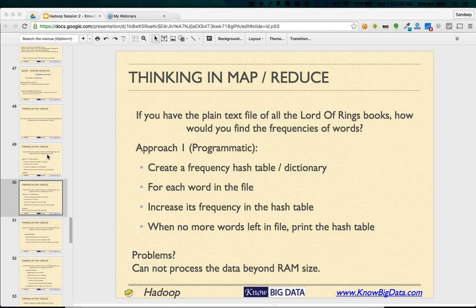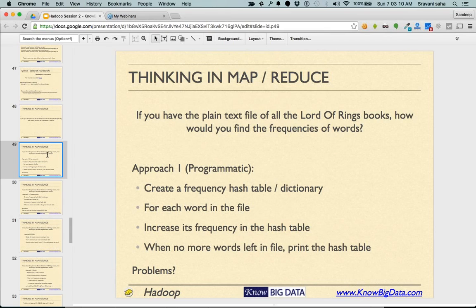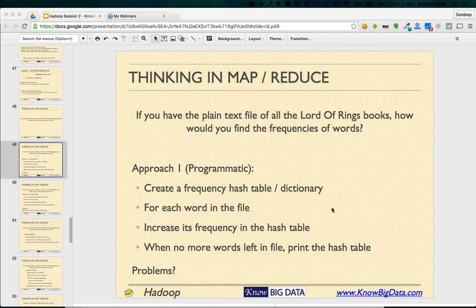Now, in this approach, do you see any problems in this approach where we are computing the frequencies? We have created a dictionary and we are trying to count the words. Do you see any problems with this approach? Yes. Thank you, Peter.